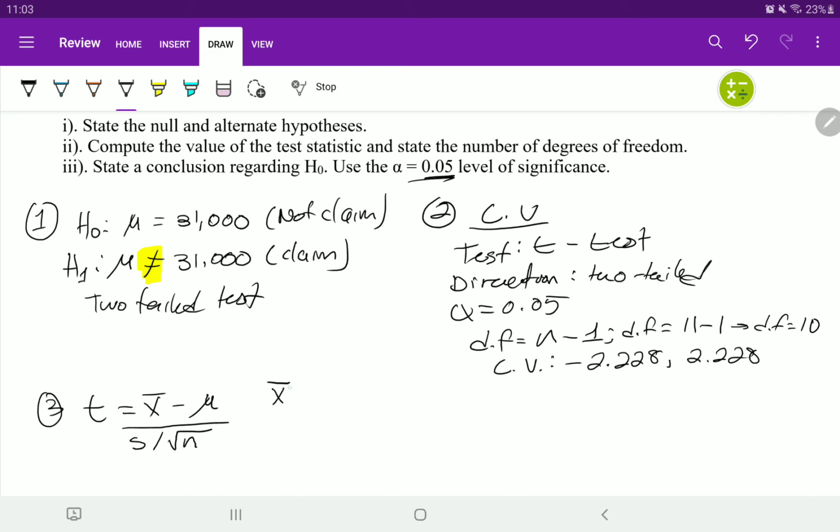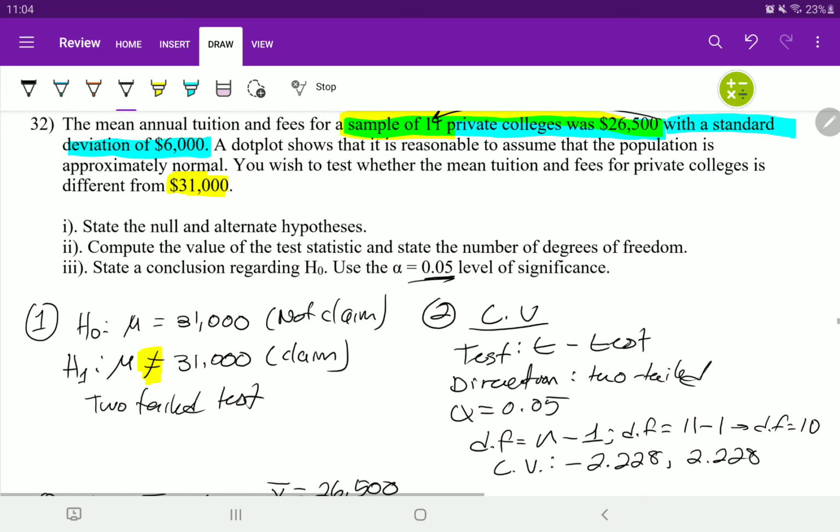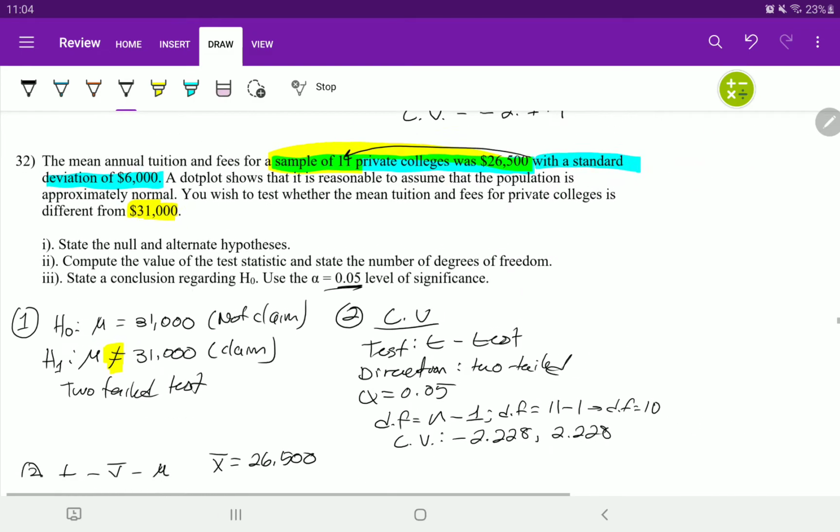The sample mean in this case from 11 colleges was $26,500. My population mu is stated in my hypothesis, which is 31,000. My sample standard deviation was $6,000, and my sample size was 11. Look at my memory. I'm doing great for myself. Let's zoom out.